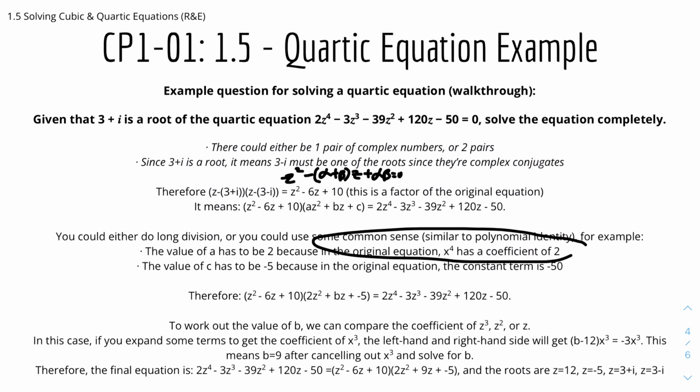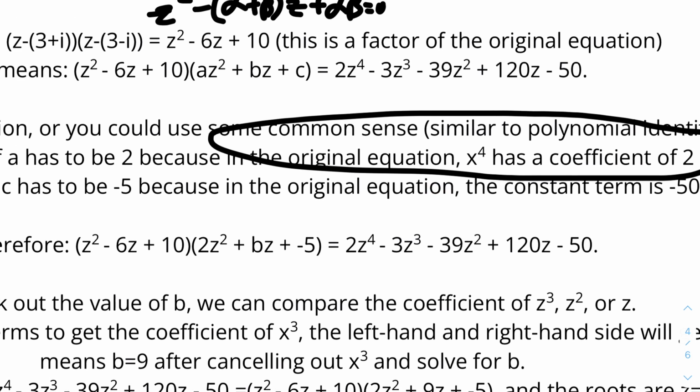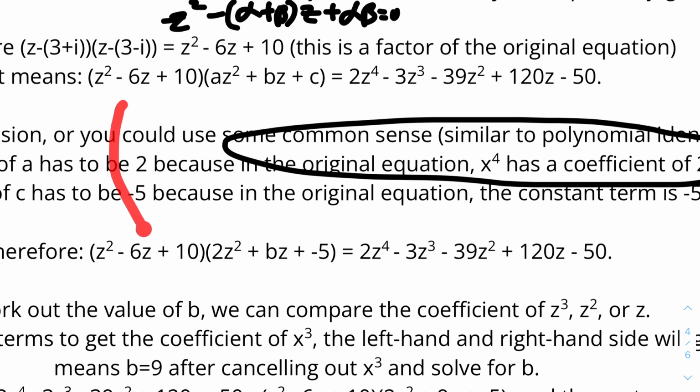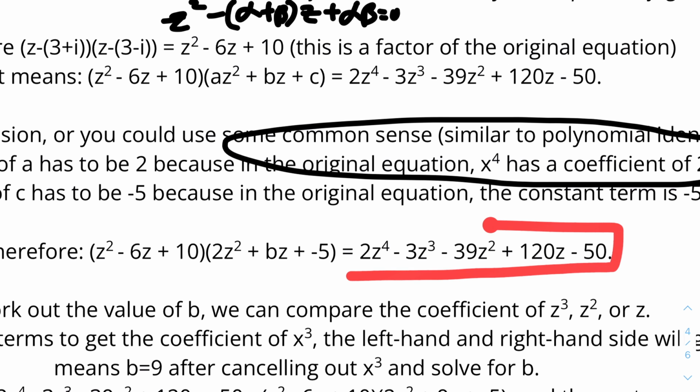Now we have some more complicated terms. Let me just zoom in here. This equation on top becomes the bottom equation here, where we have z squared minus 6z plus 10, and a equals 2, and c equals minus 5, and this equals the original equation.